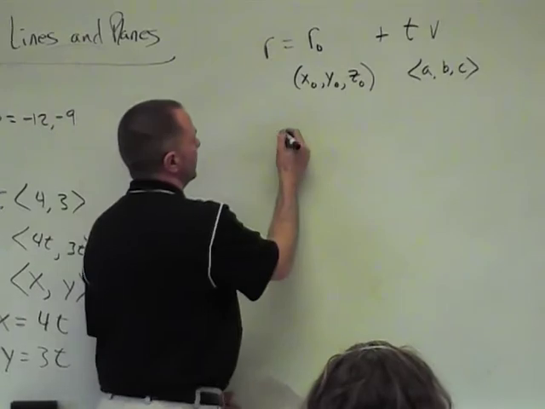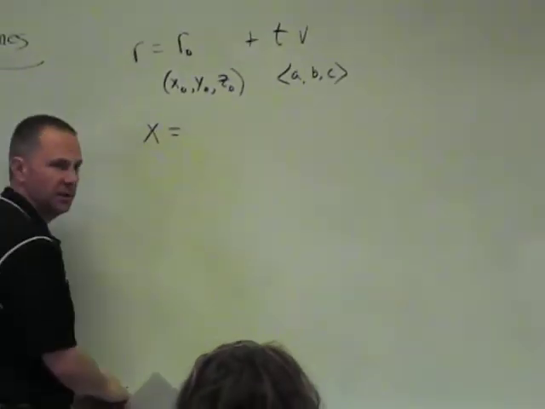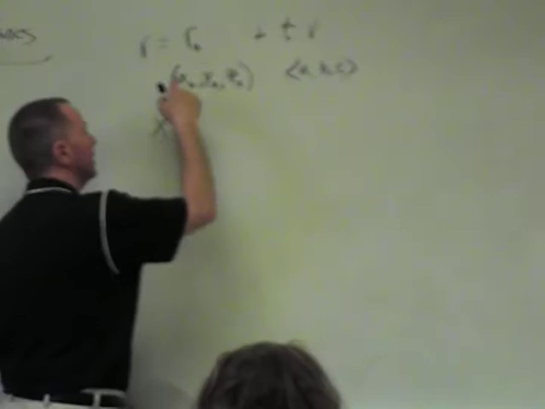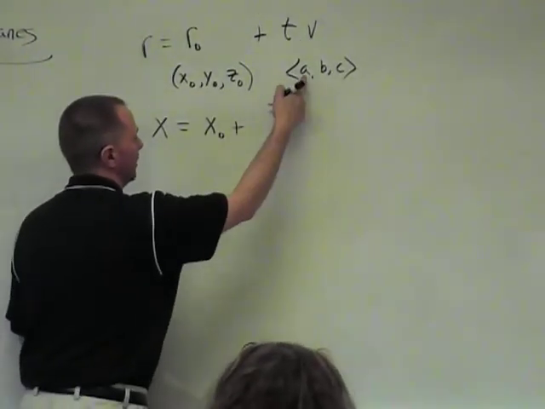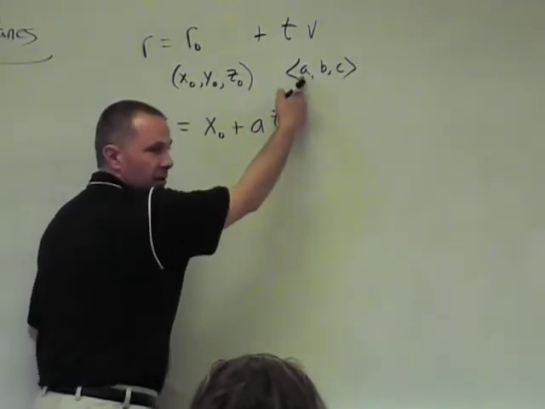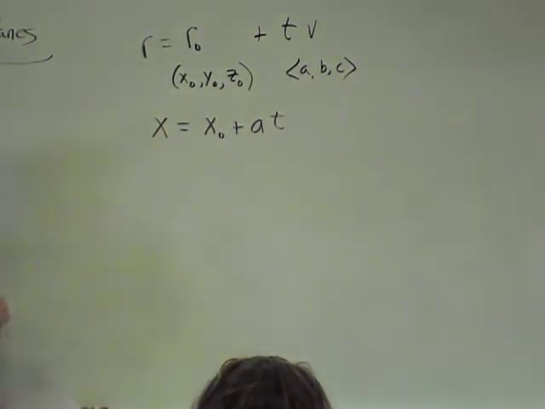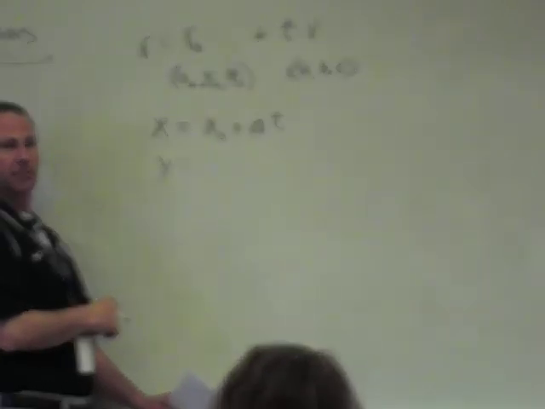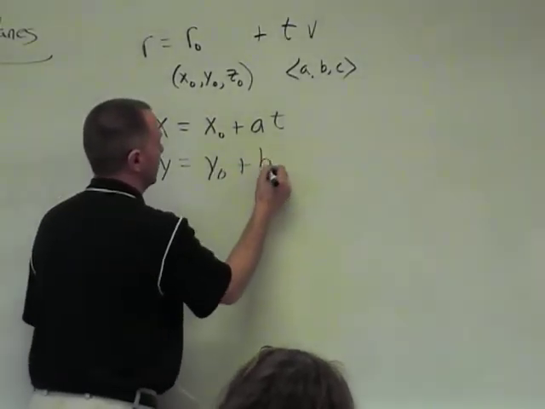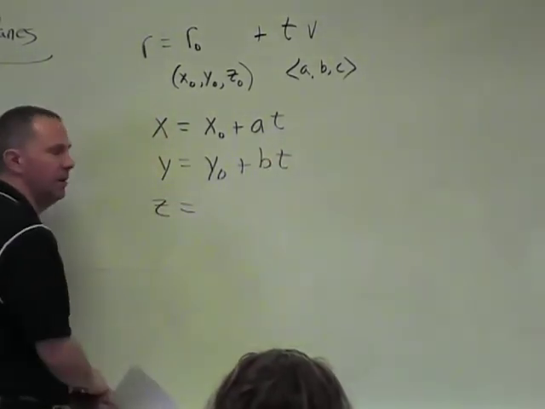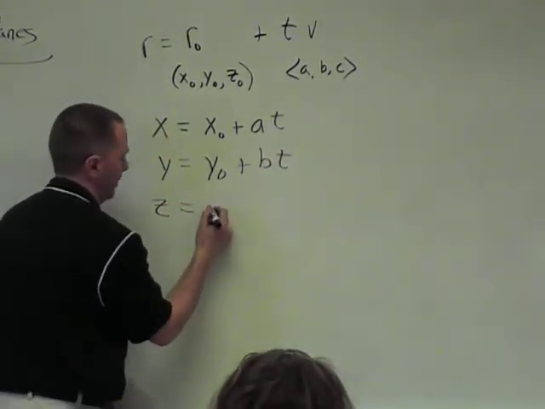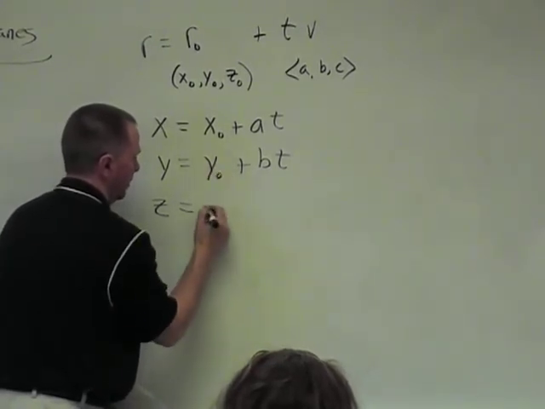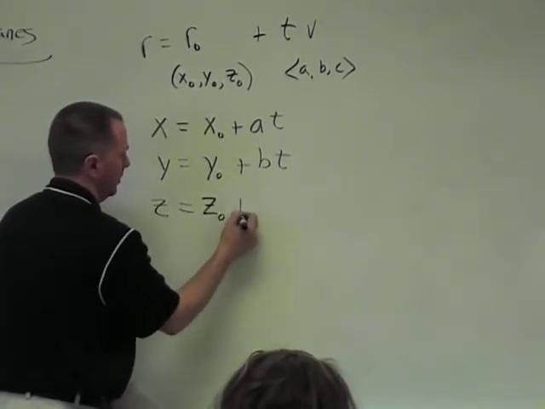So what we come up with is the x position of our vector is the initial point plus the vector position times t. That's what you said here, right? The initial point 0 plus 4t. That was this one. What is the y position going to be in your vector? y sub 0 plus bt. And what's z going to be, Kyle? z sub 0 plus ct. Yeah.